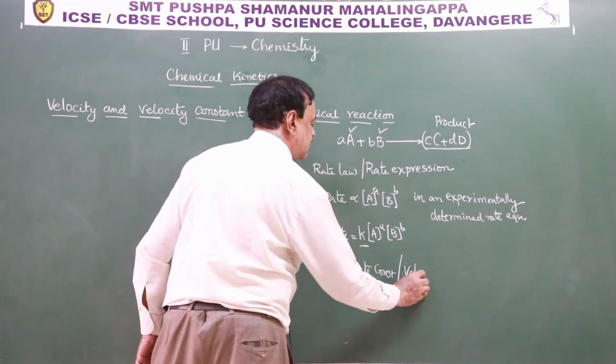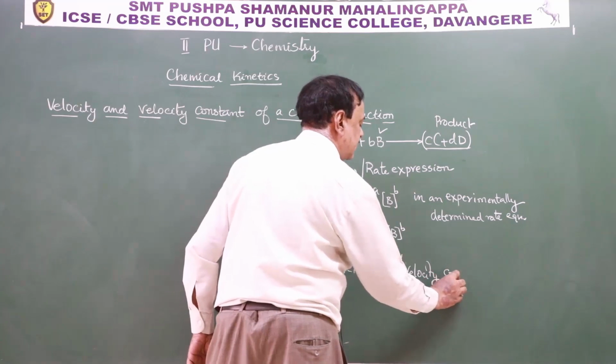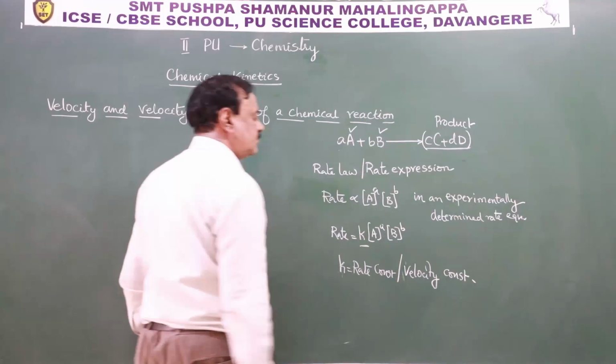In some textbooks it is called rate constant, in some it is called the velocity constant of a chemical reaction.